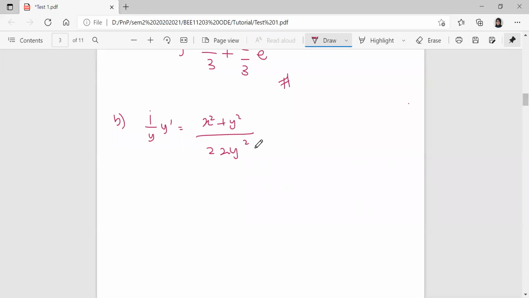First we have to rearrange this equation so that this side we just have y prime. y prime is actually dy over dx. So we move this y to this side: y prime equals x squared plus y squared divided by 2xy squared times y. If we multiply by y, this will cancel, and this will be y only.